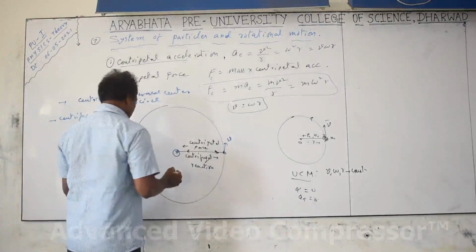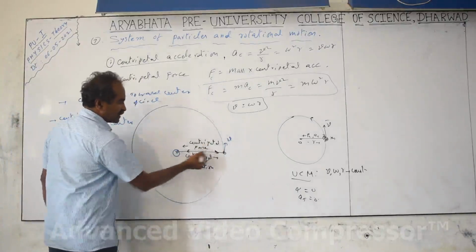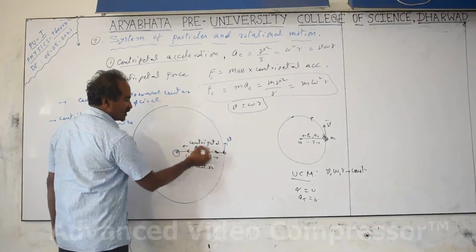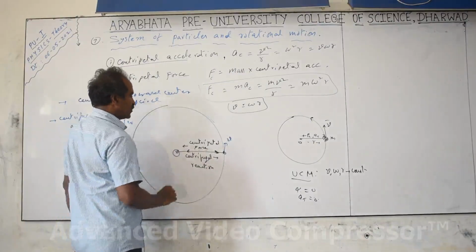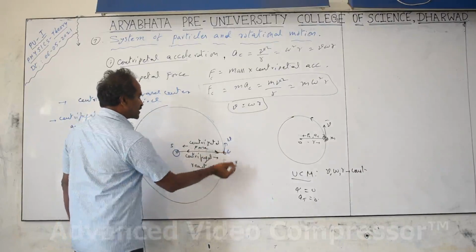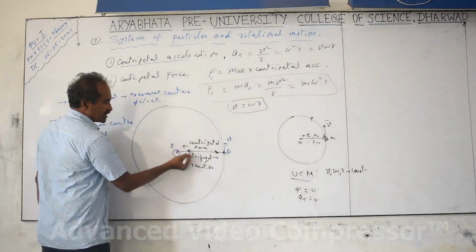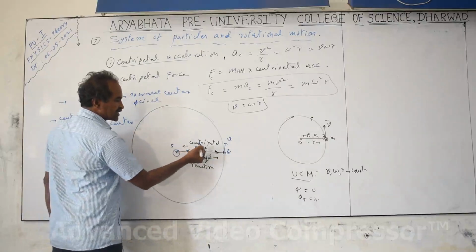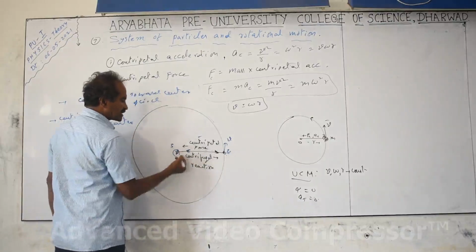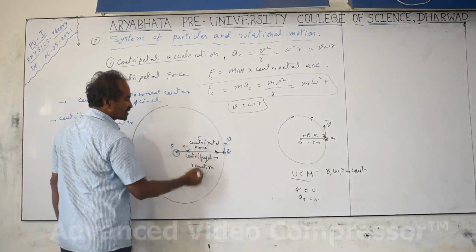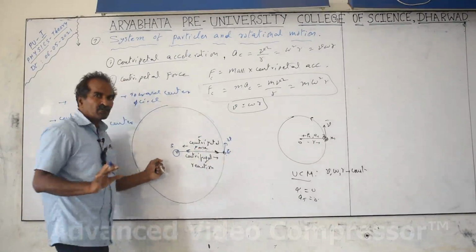Centripetal force is not experienced by these objects as a separate thing, it is only provided in between, that is the gravitational force. Gravitational force between these two is always an action and reaction force. If the sun attracts the earth, the earth also attracts the sun with equal force. The sun attracting the earth towards the center of the circle, meaning towards the sun itself, is a centripetal force. But the earth attracting the sun towards the earth is a centrifugal reaction. Both are equal and opposite, though no one is moving towards each other.